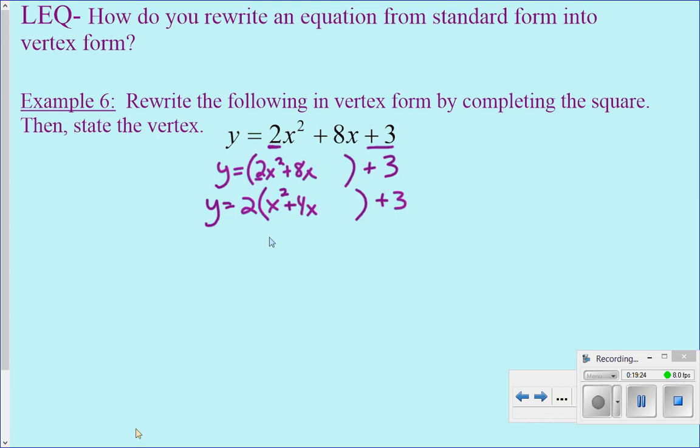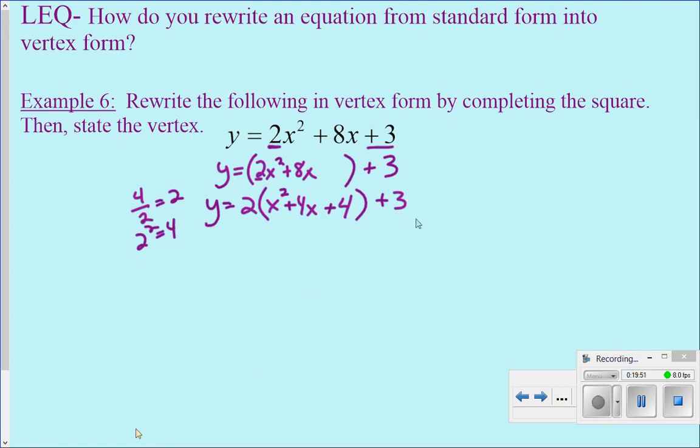Now, I'm ready to complete the square because I now have a 1x squared. So I can take the 4, divide it in half, and square that. And 4 is added on to complete the square. Now, I'm ready to subtract on the end. And you have to be careful here.